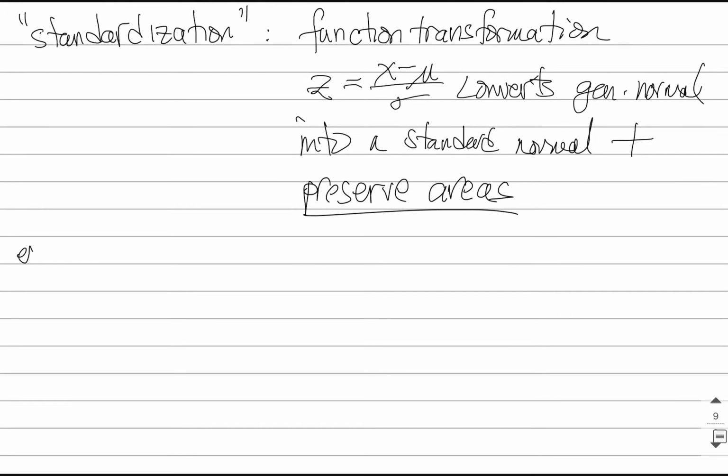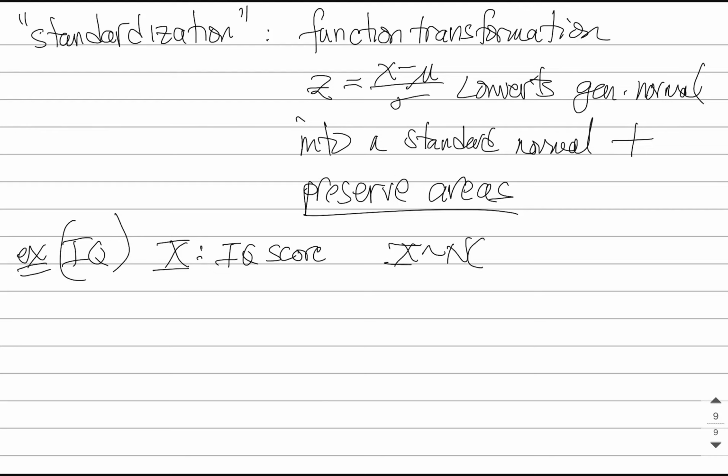So on the sheet that's attached here, the IQ problem, I'm going to try to show this to you as an example. So we are told that we've got a normal density. So we've got x representing IQ score. And we are told that x is normally distributed with a mean of mu and a variance of sigma squared.